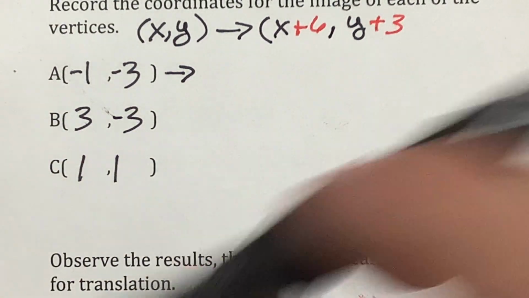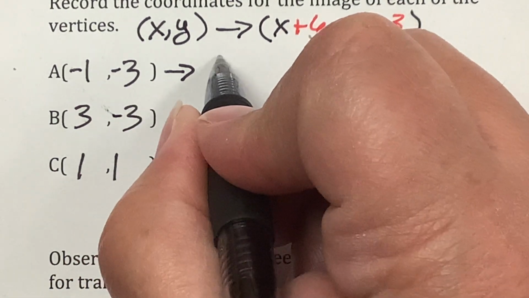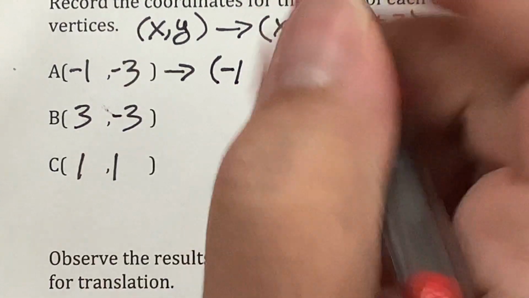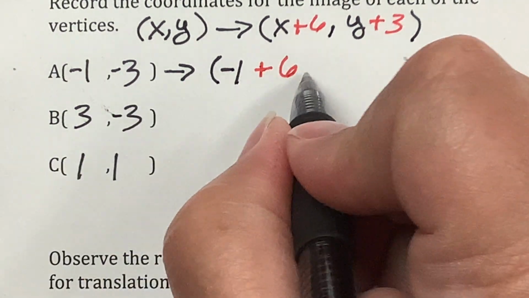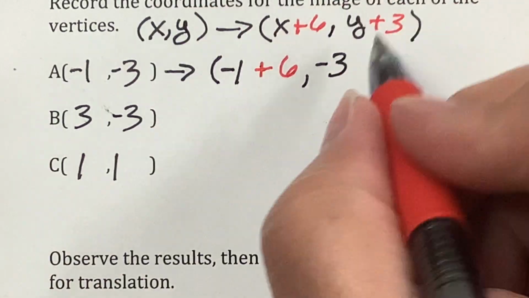So we are going to start with -1, that's the X, and we're going to add 6. And we're going to start with -3, that's the Y, and we're going to add 3.